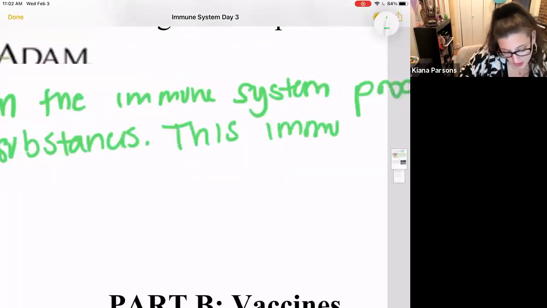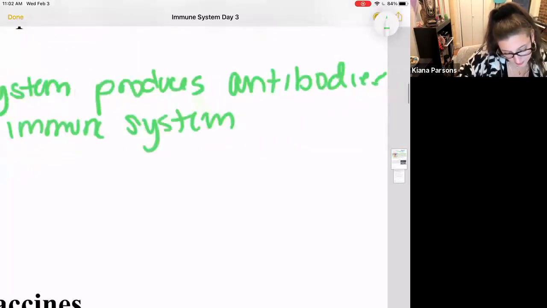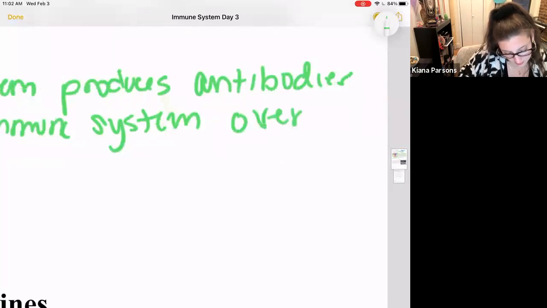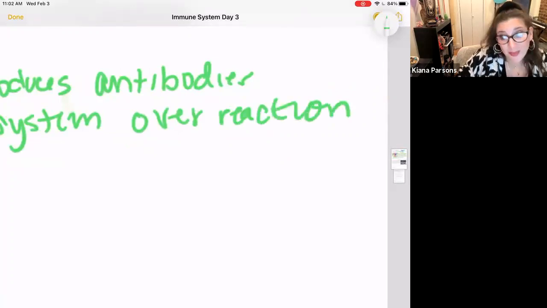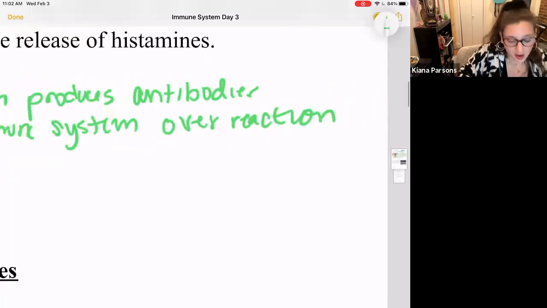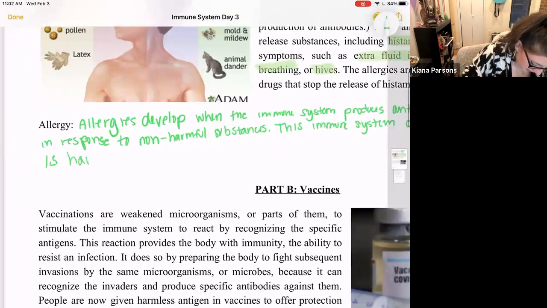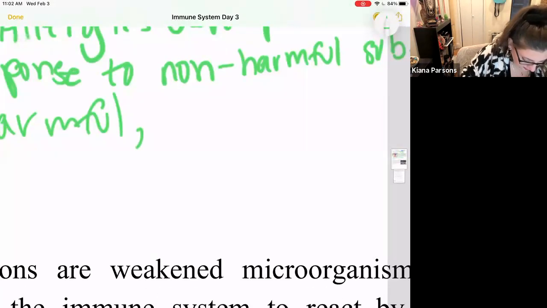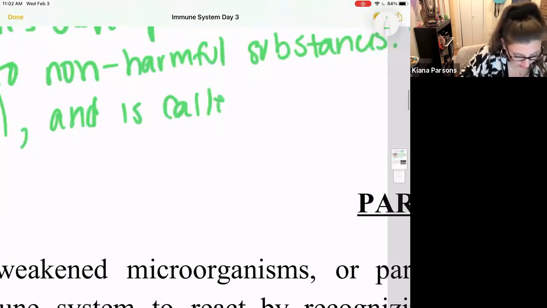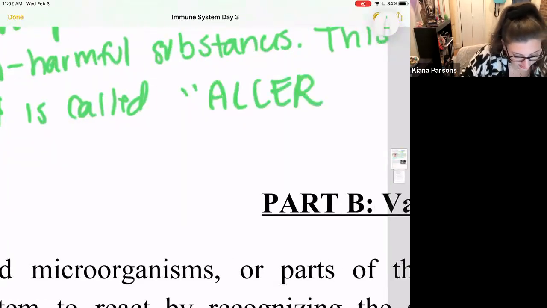This immune system overreaction, so this is like your immune system being too strong, kind of, right? This immune system overreaction is harmful and is called an allergic reaction.